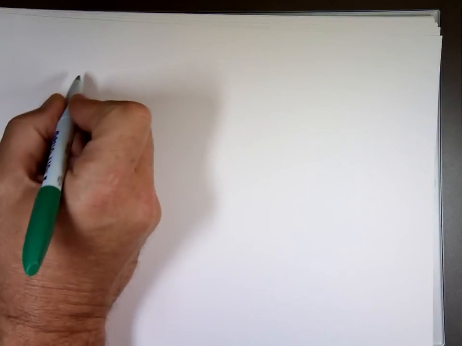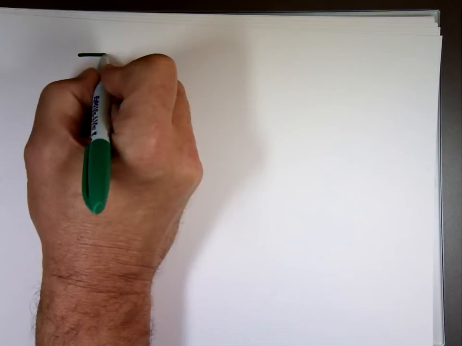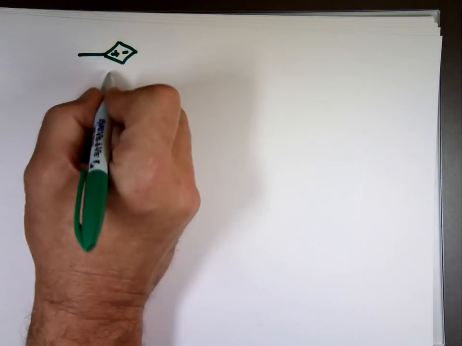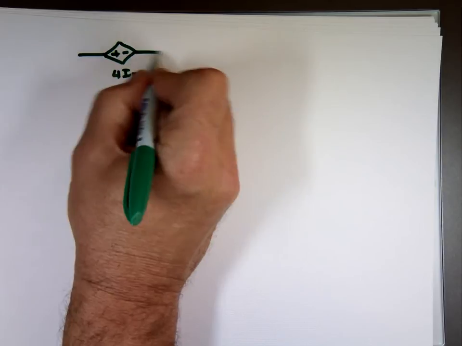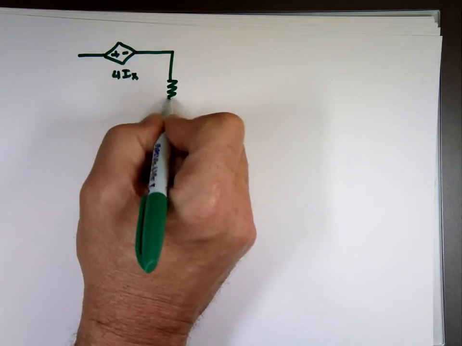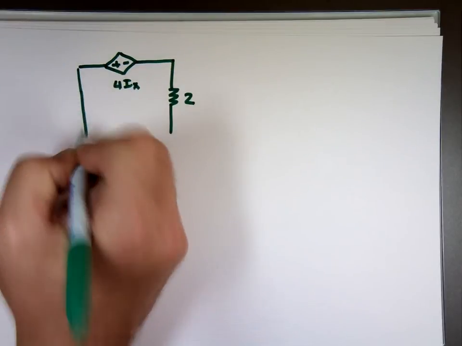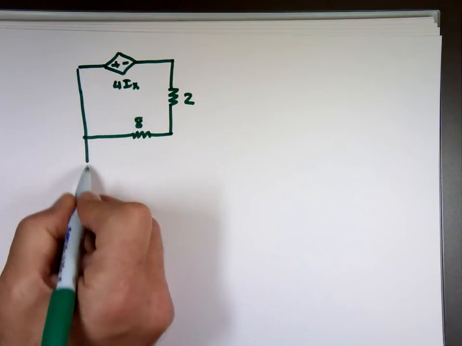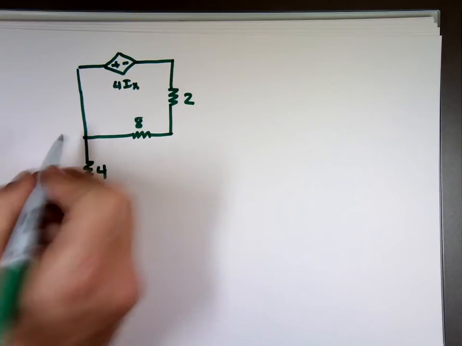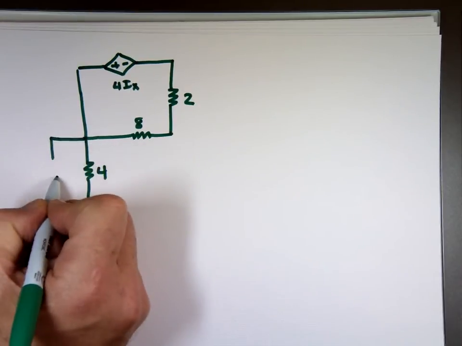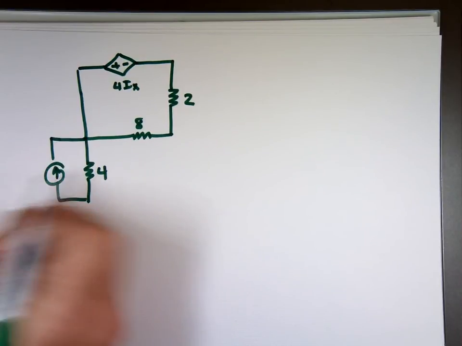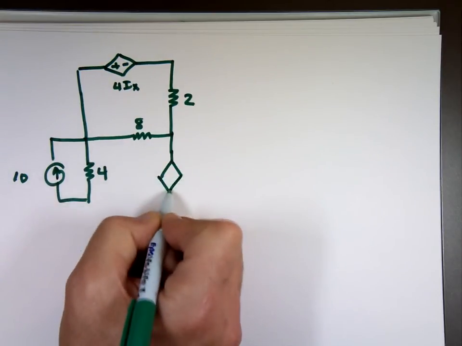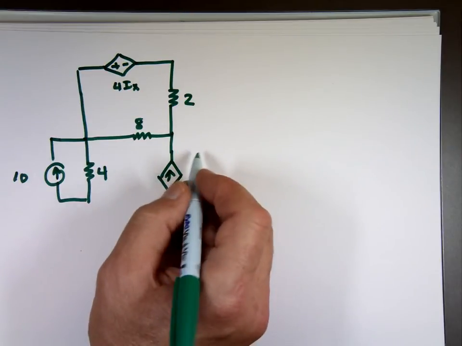Let me start with the top, otherwise I'm going to start complaining about not enough space. 4 I sub x, 2, 8, 4, 10 amps, two Vx, and I'll find out where Vx is in a minute.